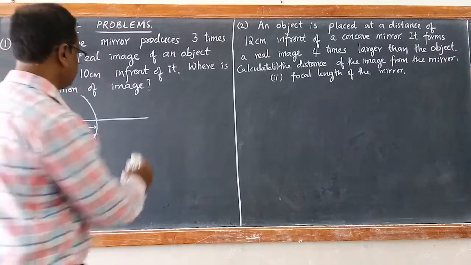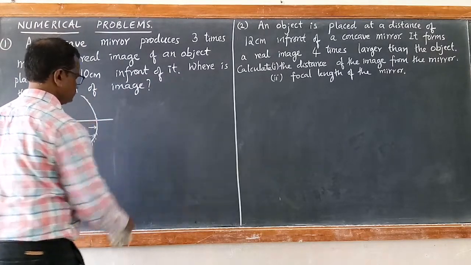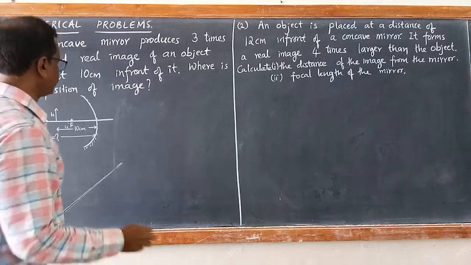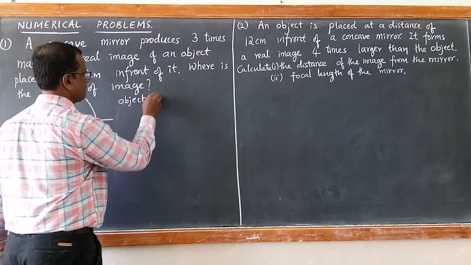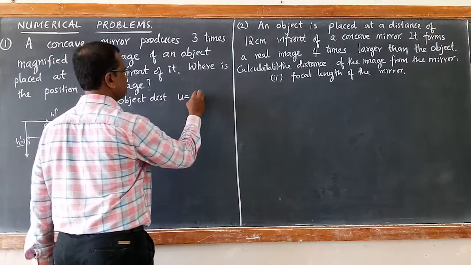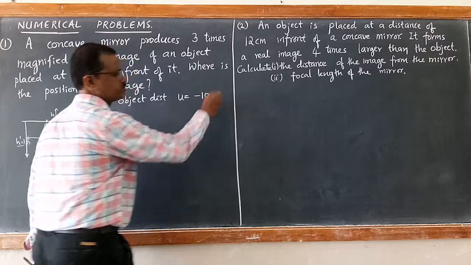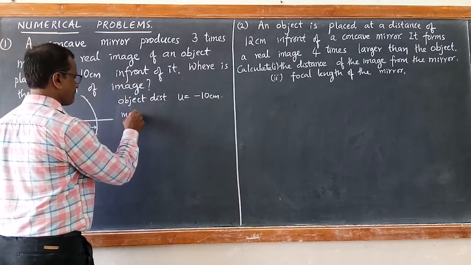So we know that, what are the given things we just read? Object distance U is equal to minus 10 cm. Remember, it should always be taken negative. Then magnification.